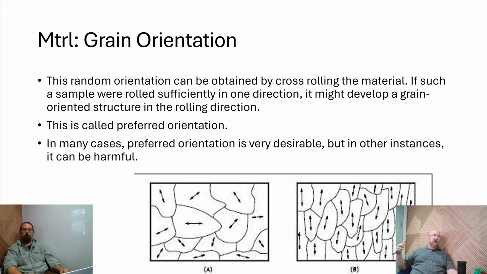Anisotropic means that it has a singular direction that it is stronger in. Quasi-isotropic means that there are certain directions that it's stronger in. The difference here is that in that preferred orientation where they're all aligned, we've traded off strength in one direction for strength in another.